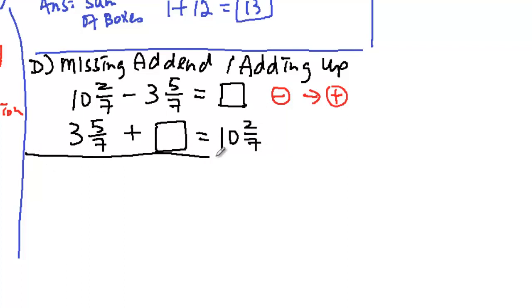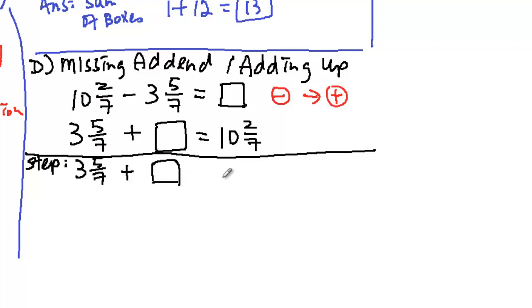So after we set it up, changing subtraction to addition, we are going to show the steps: we start with 3 and 5/7, adding something to go to the next whole number, which is 4.